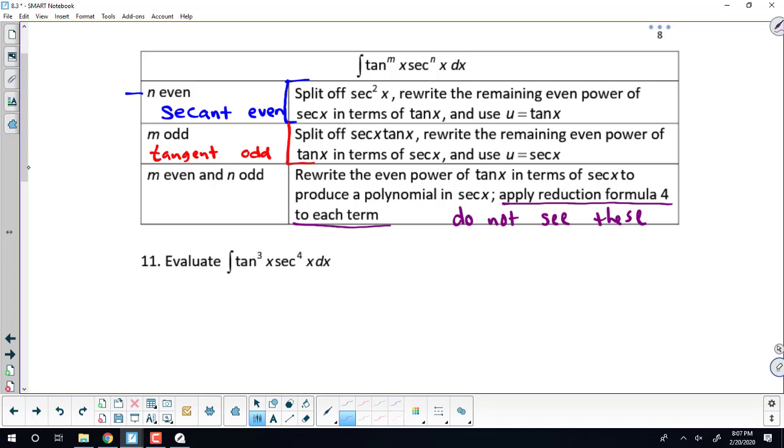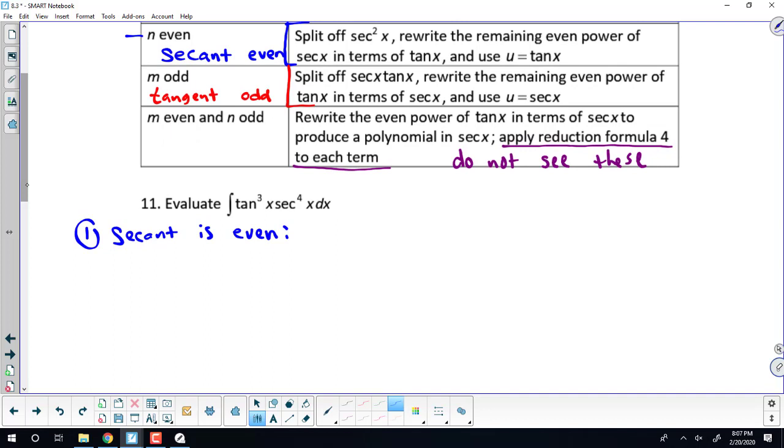So 1, we're going to apply the first one, secant is even. So it says when secant is even, we're going to split off a secant squared. Remember, again, the thing that we split off, we're going to put with our differential. And then that's going to let us know what our substitution should be.